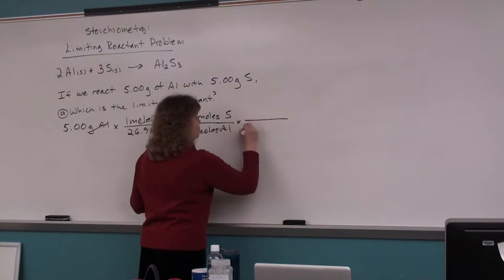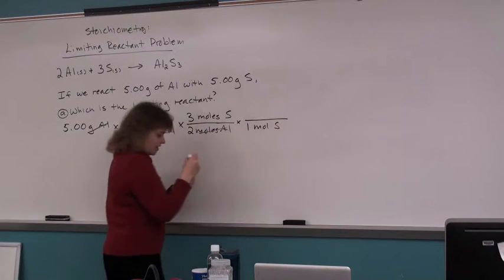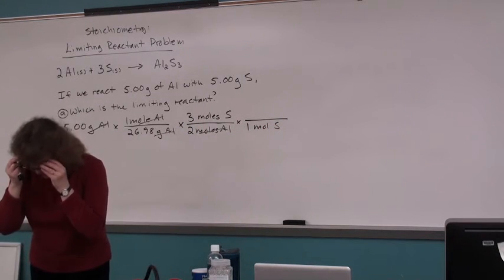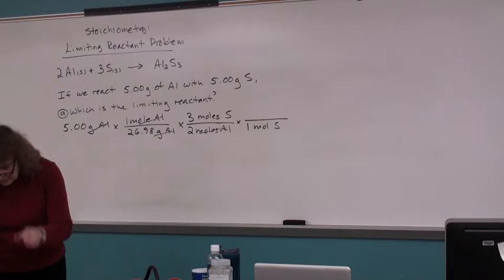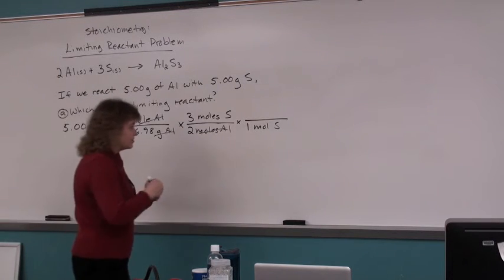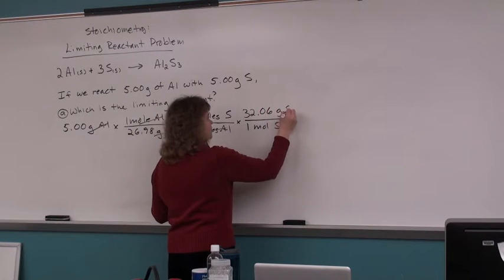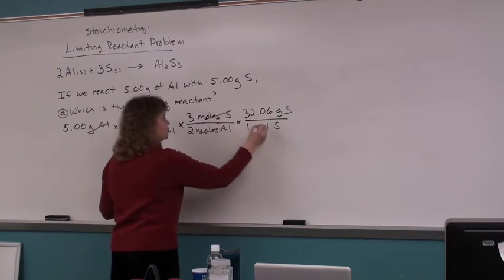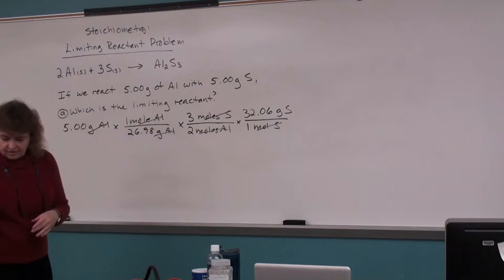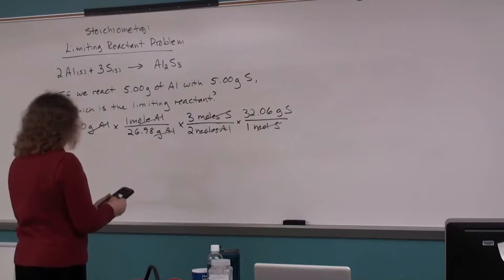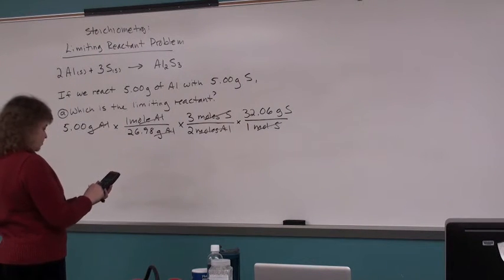So I'll say that 1 mole of sulfur, and back to my periodic table, says it's 32.06 grams. So now my moles of sulfur will cancel, and in my calculator, I'm going to do 5 divided by 26.98 times 3 divided by 2, then times 32.06.